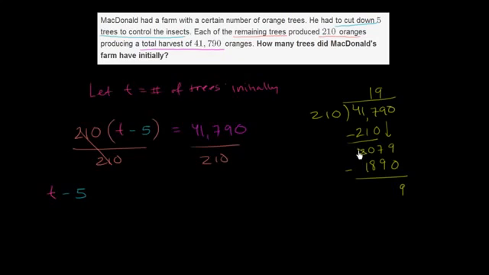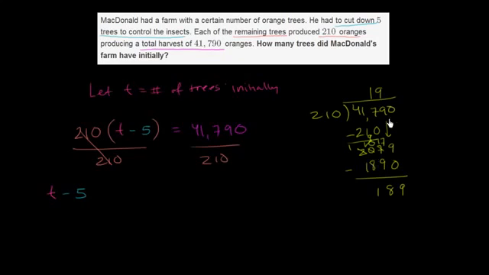So let's take 1,000 from there and give that 1,000 to the hundreds place. So it becomes 10 hundreds. But then we have to take 100 from the hundreds place, so this becomes 9, and give it to the tens place. So this becomes 17 tens, or 170. So 17 minus 9 is 8. 9 minus 8 is 1. And so we get 189.